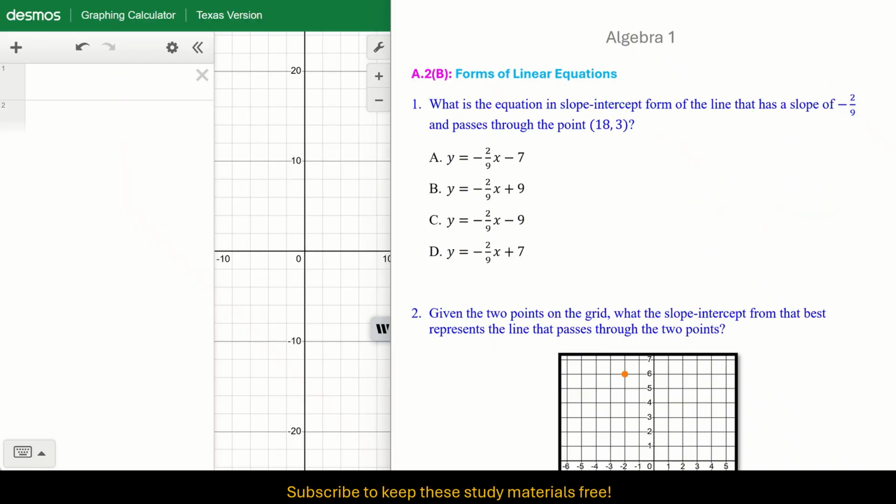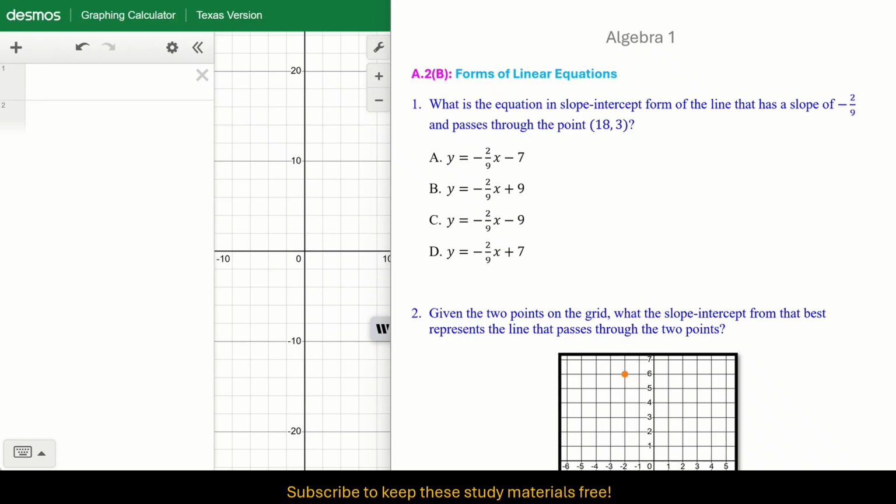The Desmos Graphing Calculator, even the TExES version, will be a little bit easier to use for this particular problem. So, what I like to do is put all 4 of my options in the calculator and then also my point.